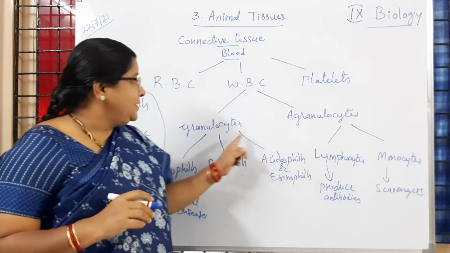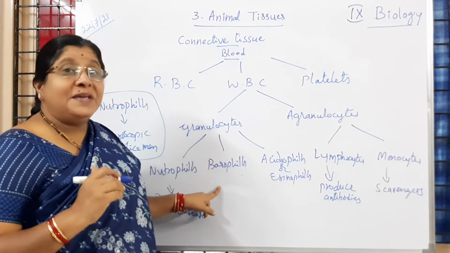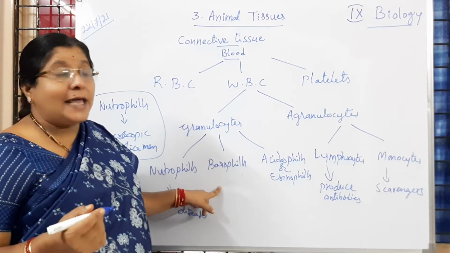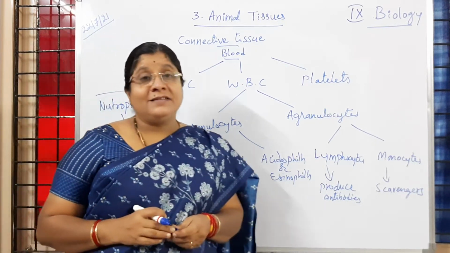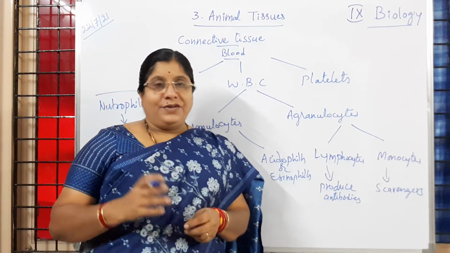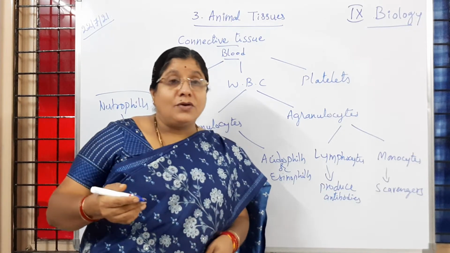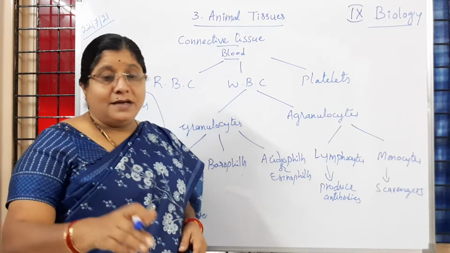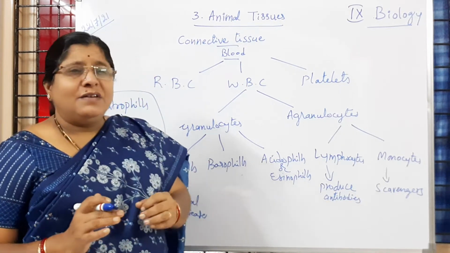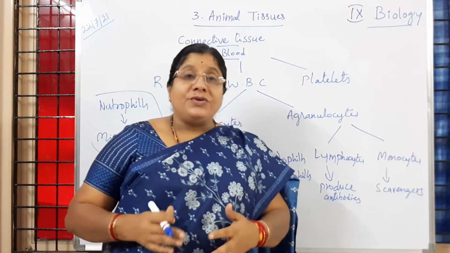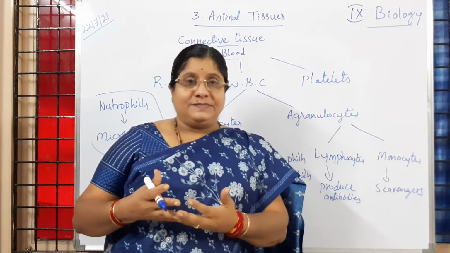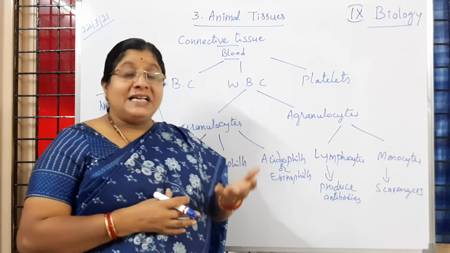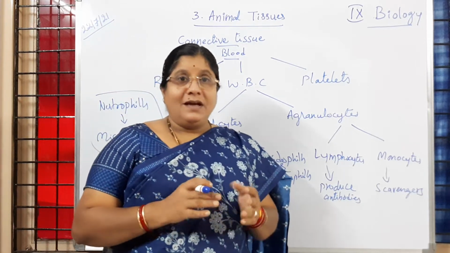Now, an important point. When they help in defending our body from pathogens, some of the WBC are getting destroyed. You know the viral load that you observe nowadays in reports. What does it mean? The pathogen count increases in our body, or the WBC number increases in our body, sometimes.